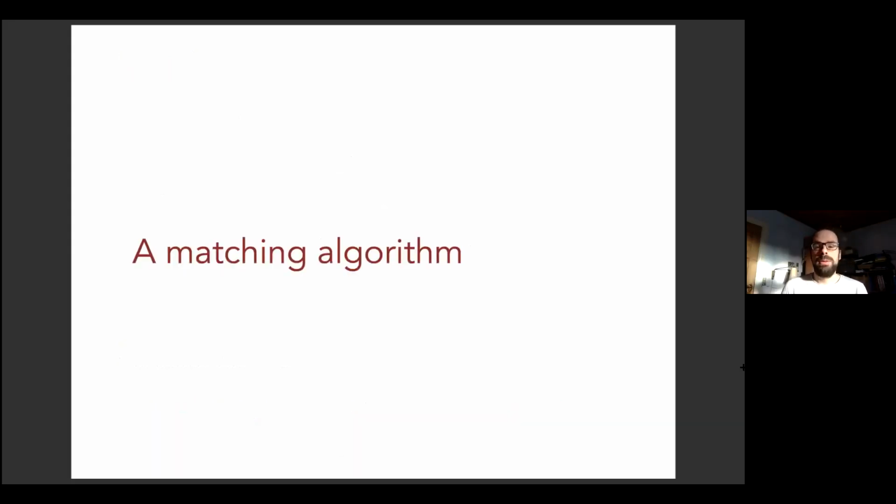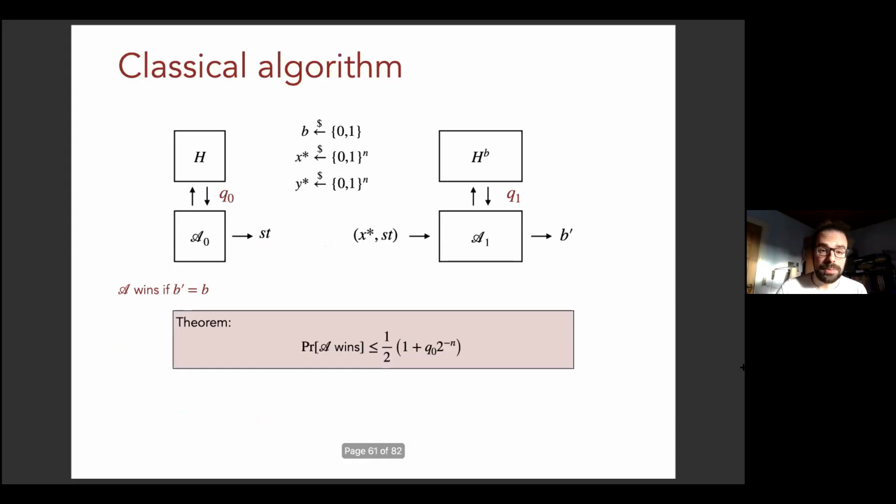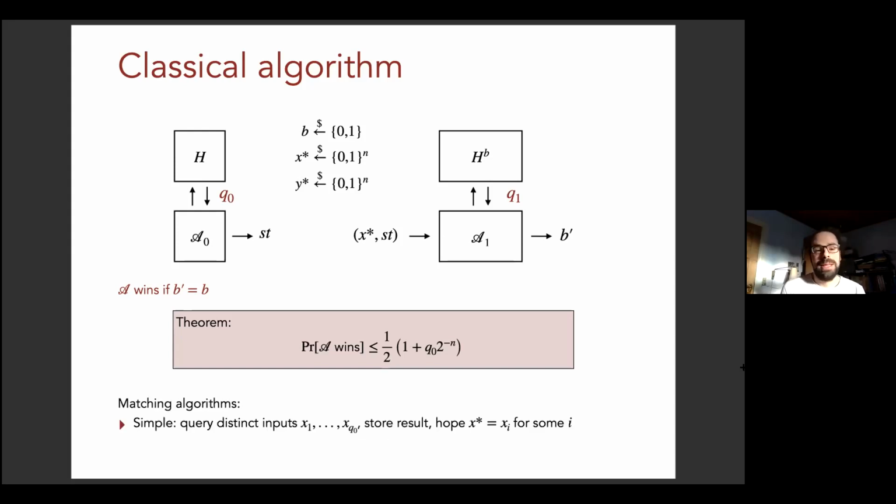Okay, so in the last couple of minutes, let me describe our matching algorithm. Right now we have a bound, but we will also have an algorithm that achieves the advantage allowed by the bound. So let me describe that. To do that, let's go back to the classical situation. So here we have this advantage that's proportional to the number of queries of A0 divided by the domain size of H. So how do we achieve this? There's actually an extremely simple algorithm, right?